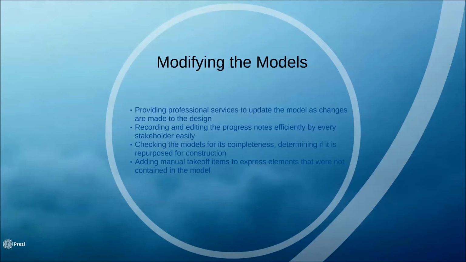To modify the models, it is essential to provide professional services to update the model as changes are made to the design. It is also required that every stakeholder can record and edit the process notes easily. Checking the models for completeness, determining if they are repurposed for construction, and adding manual takeoff items to express elements that were not contained in the models is also crucial.